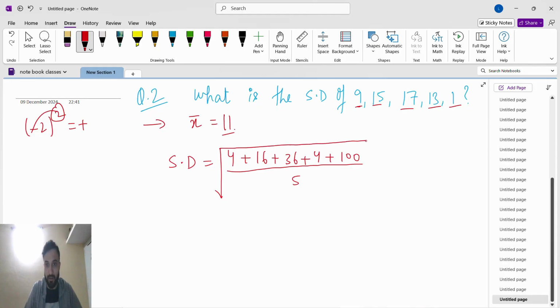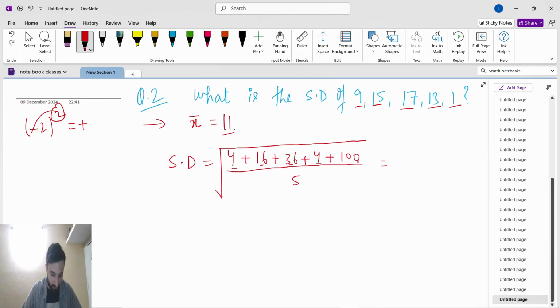So we'll get the answer directly in one step. We'll add the numerator. 4 plus 16, 20. 20 plus 36, 56. 56 plus 4, 60. 60 plus 100, 160. 160 divided by 5. You are getting 32.